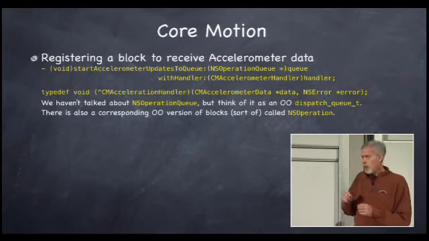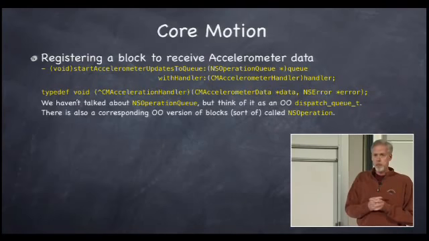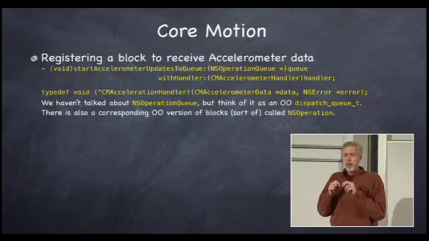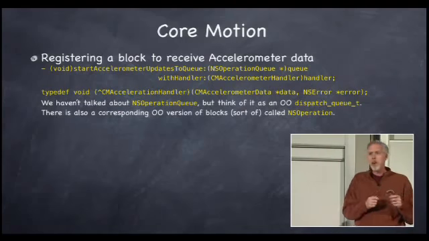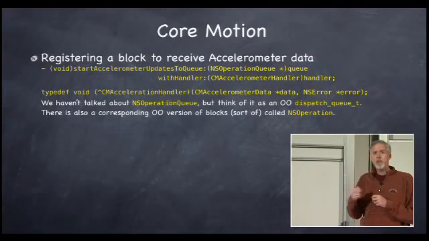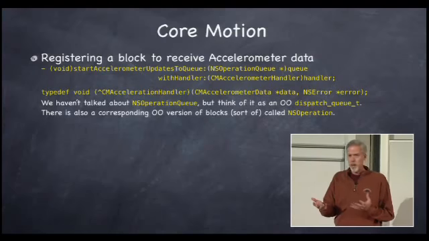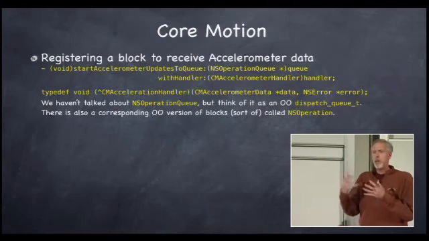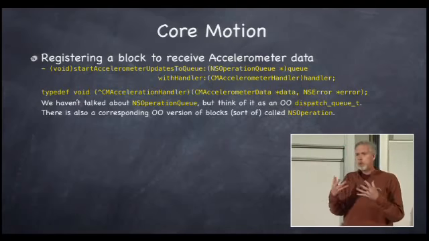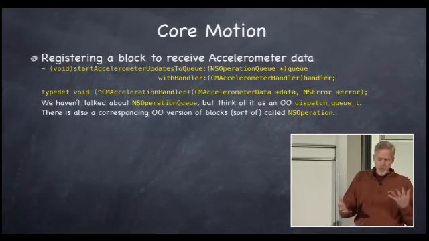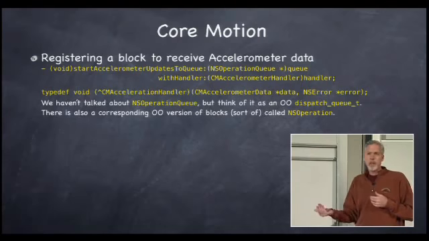So what's this NSOperationQueue business? All this handling of the information from an accelerometer or from the gyro happens in a thread. Okay, it happens in a separate thread. It doesn't happen in the main thread. We don't want the main thread being constantly updated or blocked or whatever. We're doing some kind of processing of this data, so it starts in another thread.